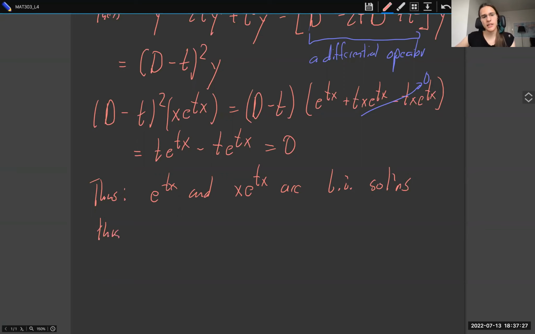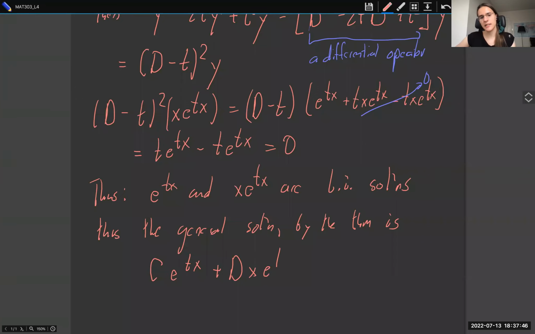Thus, the general solution by the theorem is c e to the tx plus d x e to the tx.